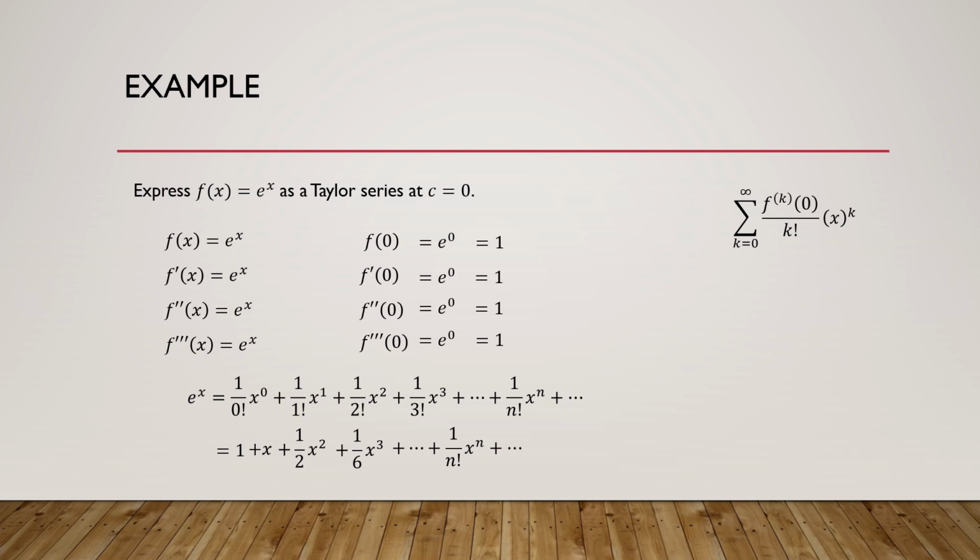This Maclaurin series is then expressed as a sum from k equals 0 to infinity of x to the k over k factorial.